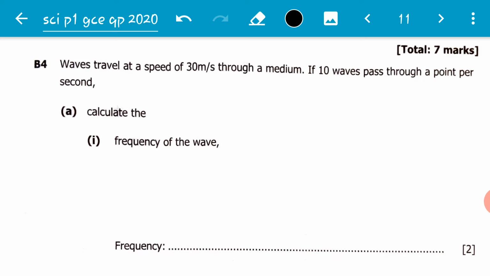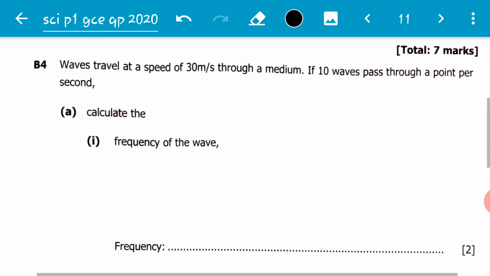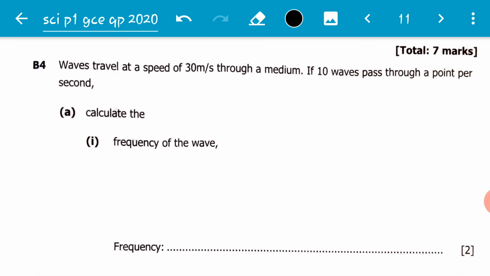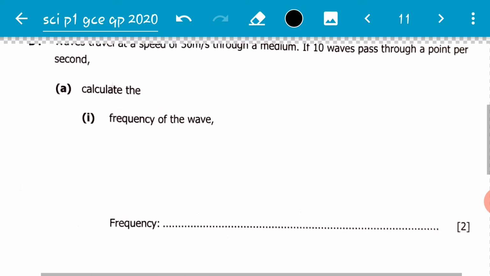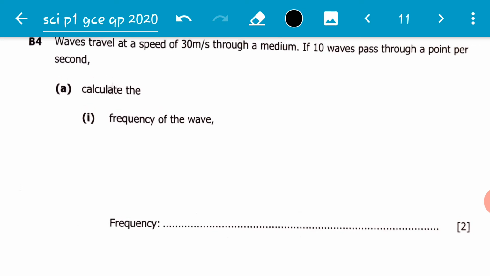If 10 waves pass through a point per second, calculate 1. the frequency of the wave.